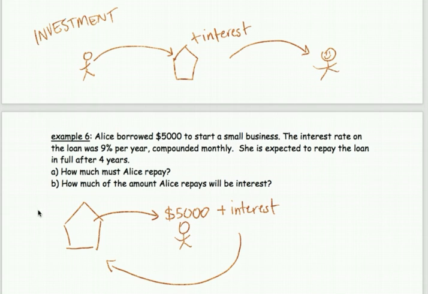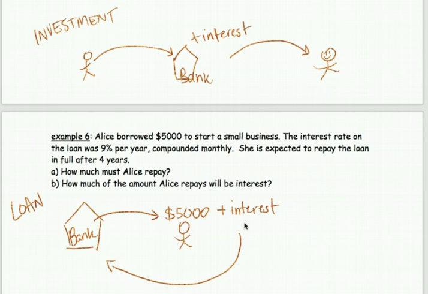Okay, so if you have a loan though now, this is something you might do because you want to buy a house or you want to buy a car or you want to start a business and so forth. So you'll get a loan, and again, this is the bank here. You can take money from the bank and use it and then give it back later. So what's happening here in the loan situation is that you're going to take 5,000.